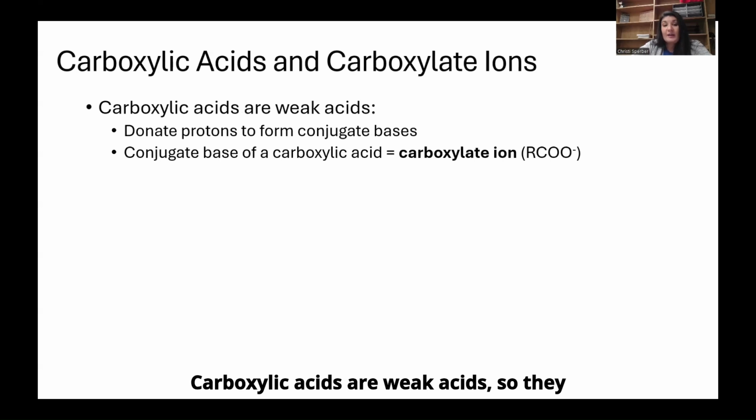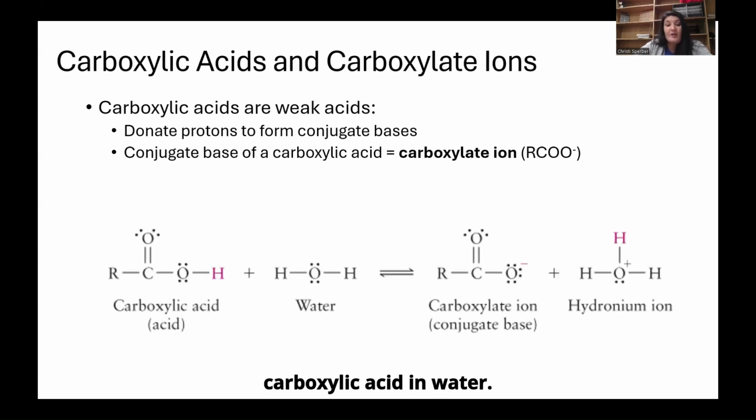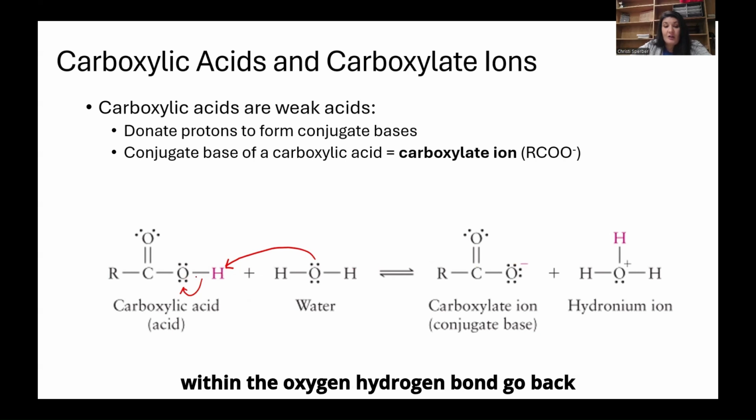Carboxylic acids are weak acids, so they donate protons to form conjugate bases. And the conjugate base of a carboxylic acid is called a carboxylate ion. So we have carboxylic acid in water. Water is going to take this proton, and carboxylic acid is going to donate that proton. This makes these electrons within the oxygen-hydrogen bond go back to the oxygen, and they are right here, and it creates a negative charge on the oxygen.